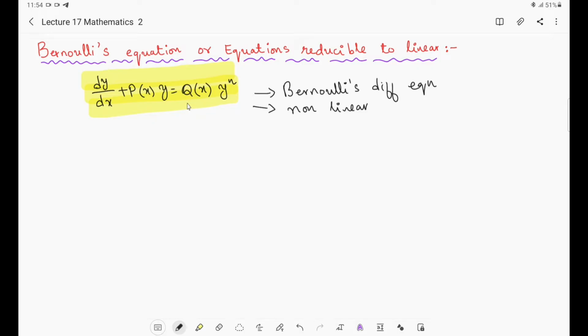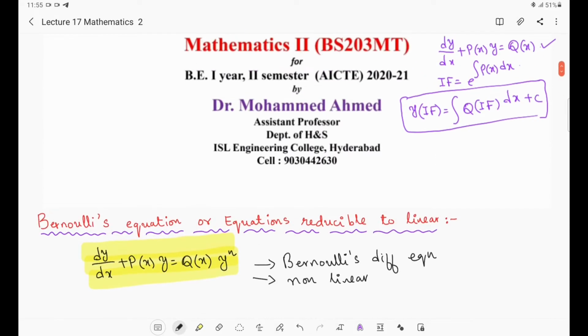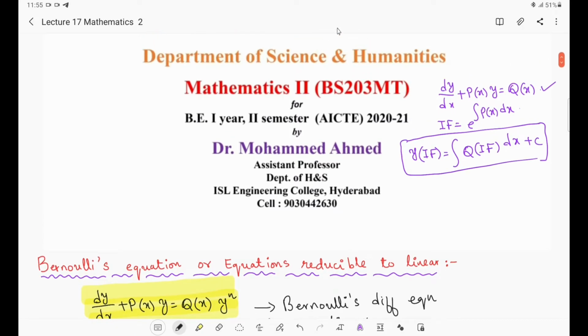Okay, in the first step, before taking any substitution, what we have to do? This is the term which is making this equation a nonlinear differential equation. We know how to solve the linear differential equation. In the last class we discussed that if the equation is of this linear form, then we have to find the integrating factor and the general solution will be given like this, right? We know this.